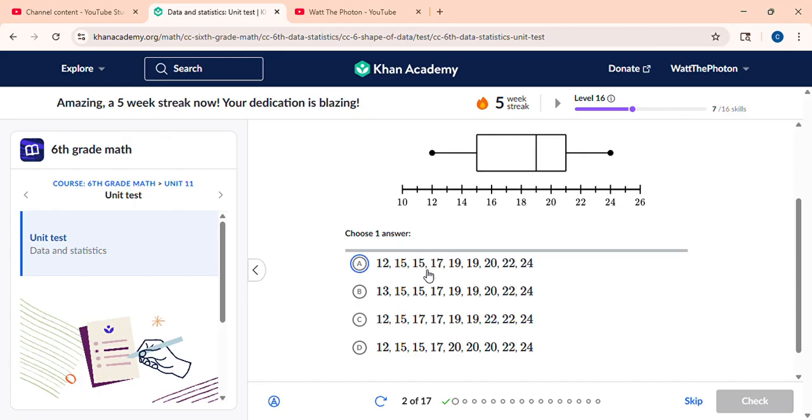So 15, 15, 16, 17, 22. So 1, 2, 3. 1, 2, 3, 4, 5, 6, 7, 8, 9. 17, 17, 15.